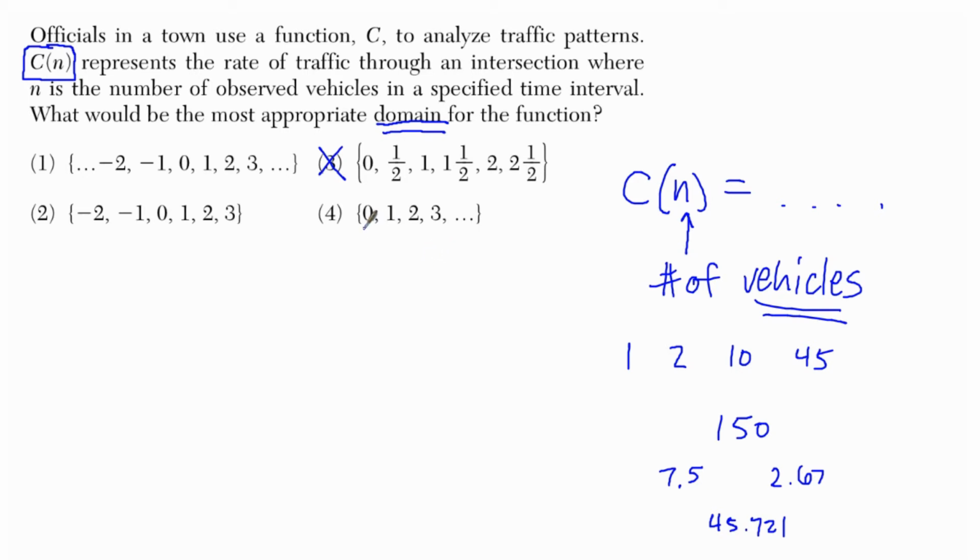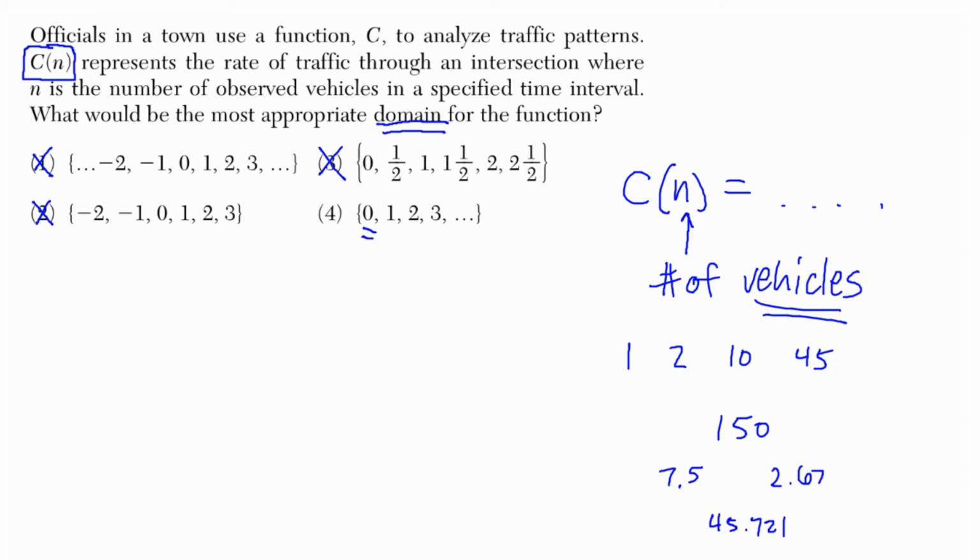That's a valid number. So 0 could be allowed, but anything negative doesn't make any sense. So we wouldn't say we have -1 cars going through the intersection or -2 cars. So these we can eliminate as well because they have negative values in this set, and n cannot take on negative values because it represents the number of something, and this something can only be whole numbers.